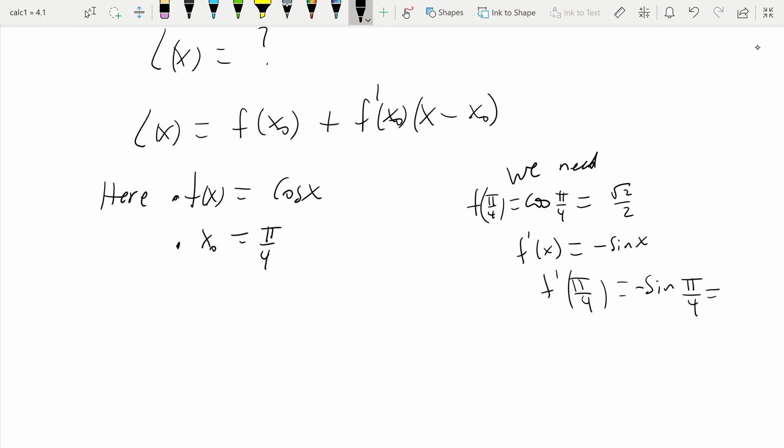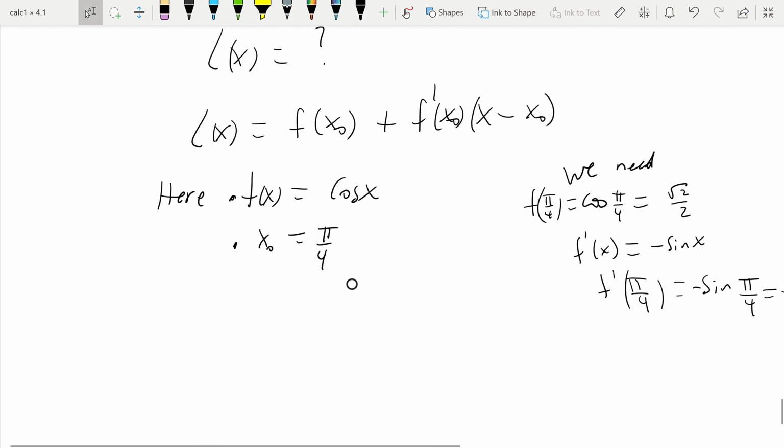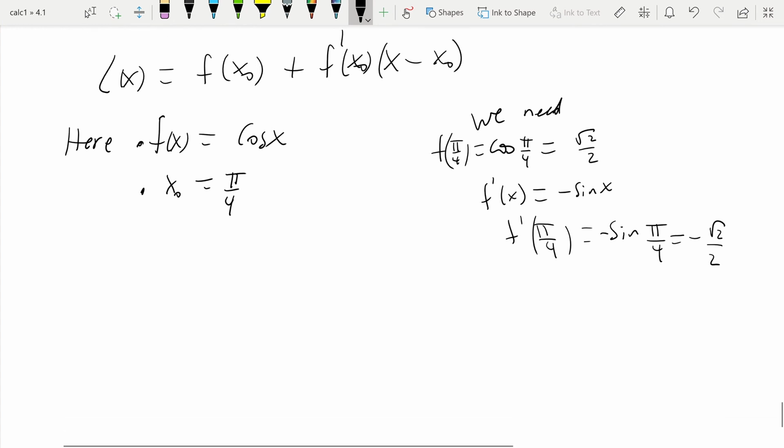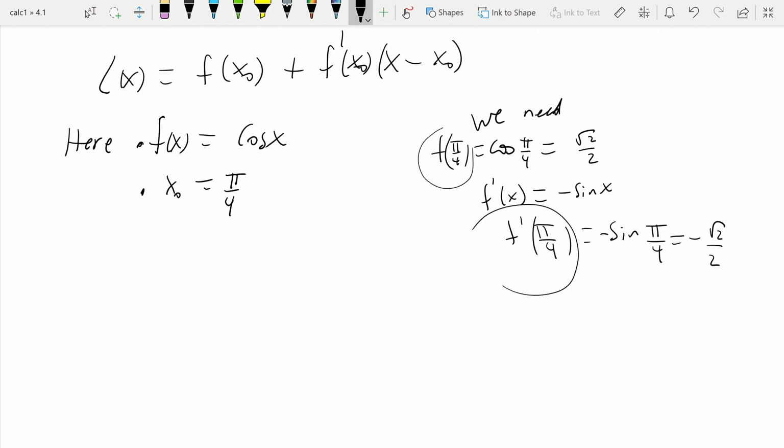But what is sine at pi over 4 again? Just square root 2 over 2. So this is all the information we need. We need f at pi over 4, we need f prime at pi over 4, and this is all we need to get the linear approximation, the best approximation.